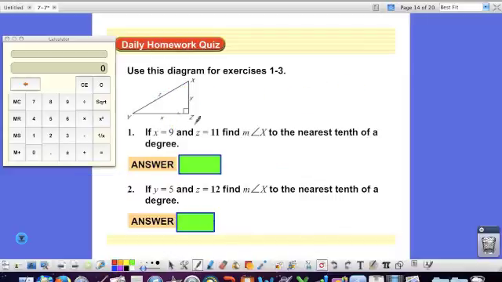Let's try another here. If y is 5 and z is 12, find the measure of angle x. Now we're talking about adjacent divided by hypotenuse, and that's cosine.